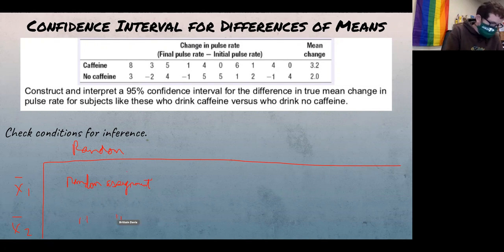All right, 10%. What's our population of interest here? Well, that's our sample. What's the population that we're drawing inferences on?